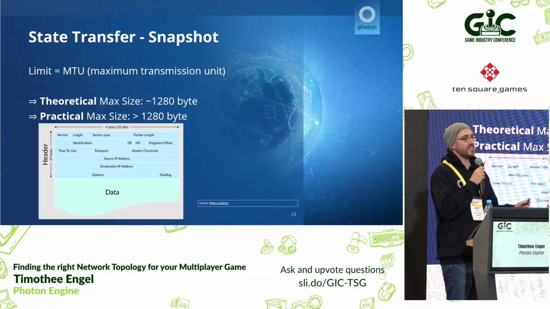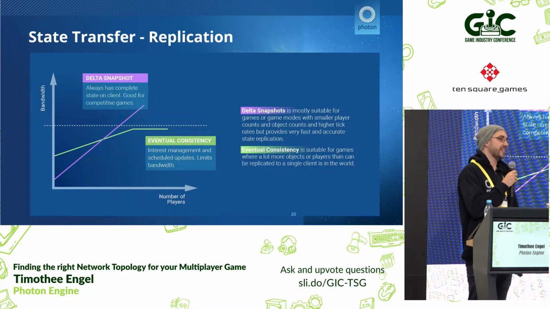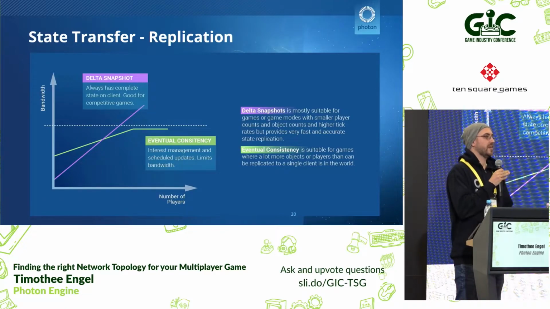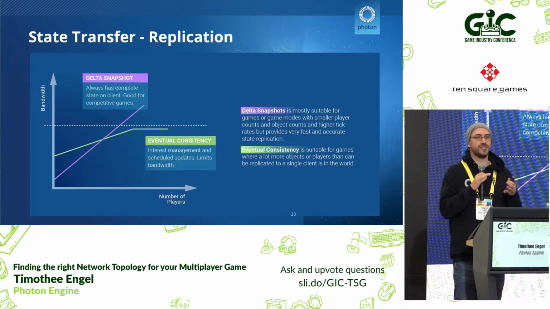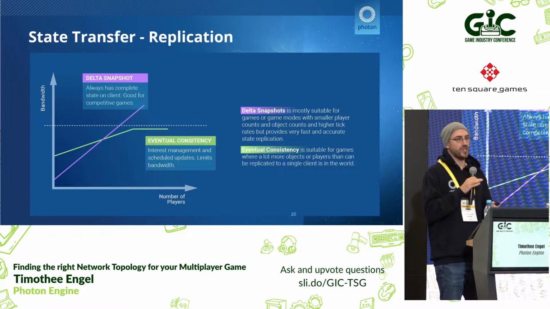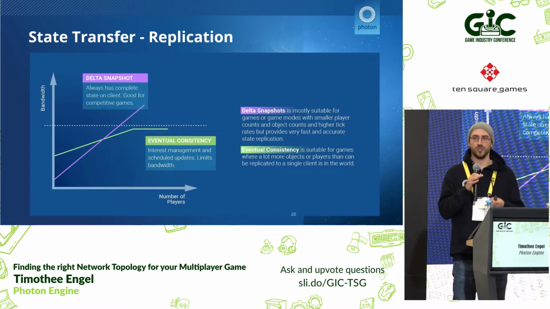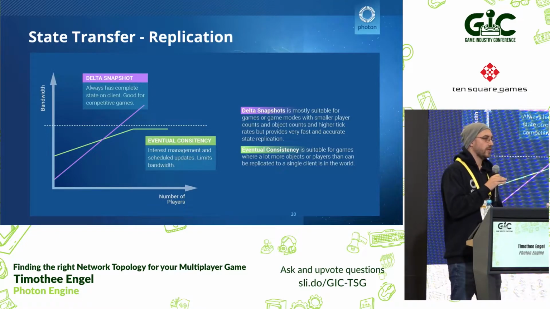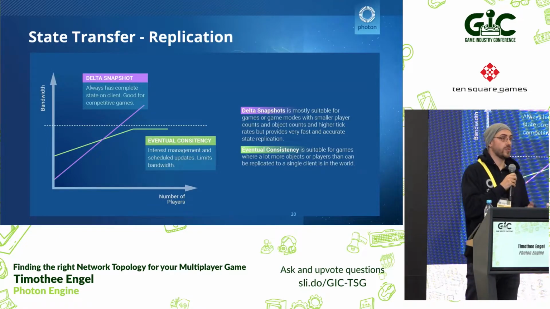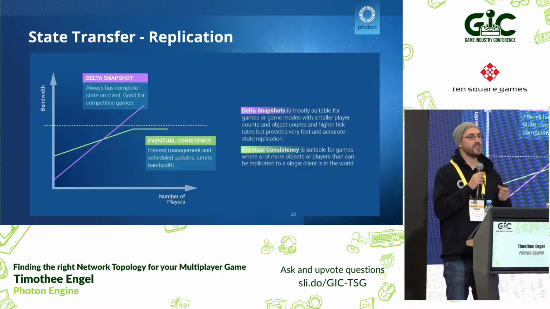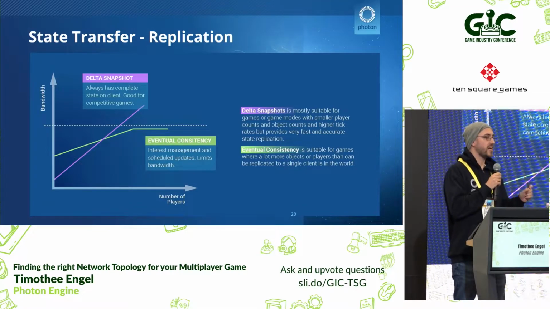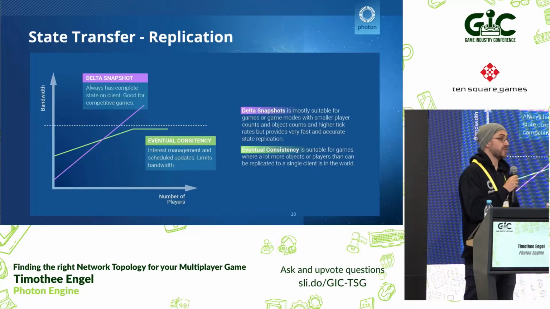Therefore, there is something else that can still be done, and that is called delta compression. As you can guess, your game does not change all the time, or more importantly, not all aspects of your game change all the time. Therefore, in order to compress your state, what you actually want to include in this packet is only the changes that have happened since the last packet that has been sent.